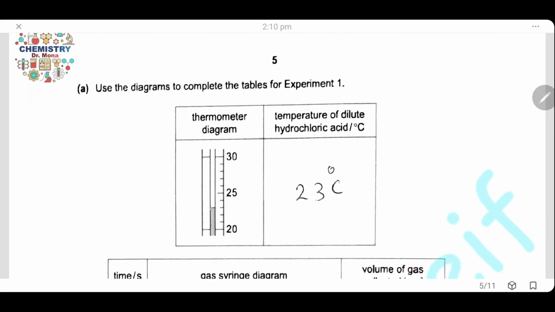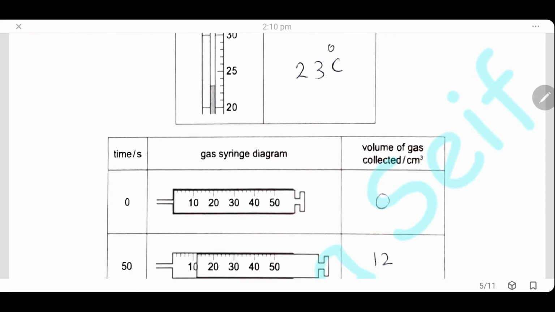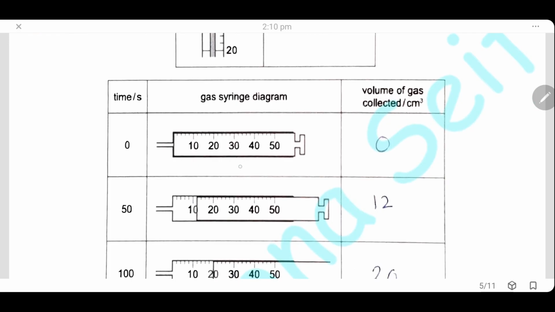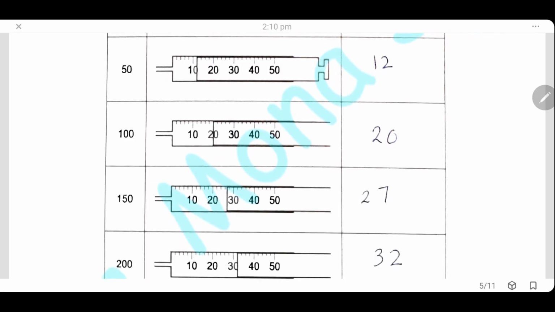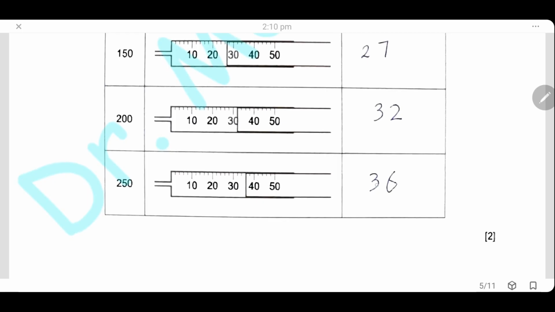Here from the diagram we can measure the temperature of the first experiment, which is 23 degrees Celsius. And the volume of the gas collected in the first experiment every 50 seconds, as we can read the volume from the gas syringe scale: 0, 12, 20, 27, 32, and 36.